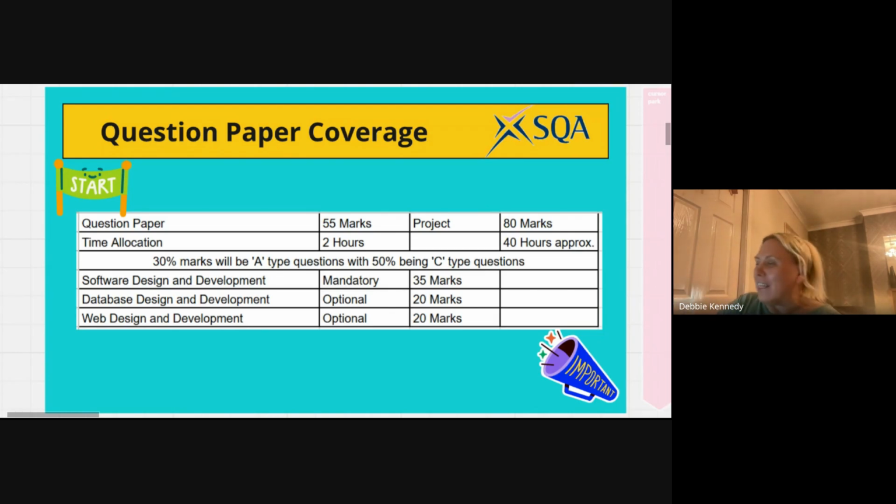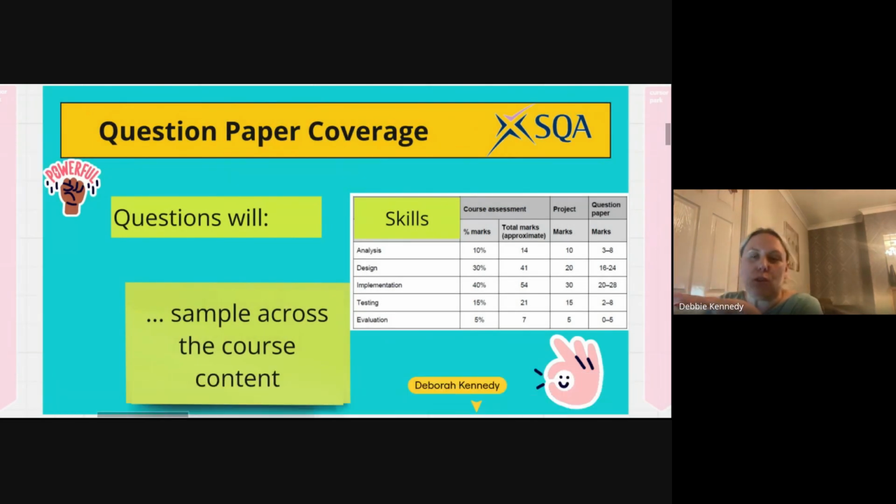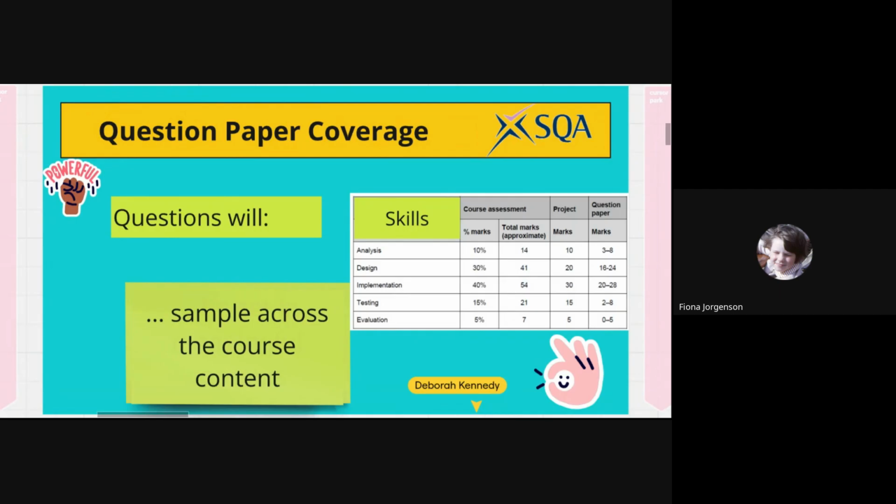So if we move on to the next frame, that's going to show us the skills that are assessed and the number of marks per skill, which is quite good. The first thing to notice is that our skills are all from the analysis, design, implementation, testing, and evaluation stages of our software development cycle, which pupils are already familiar with.